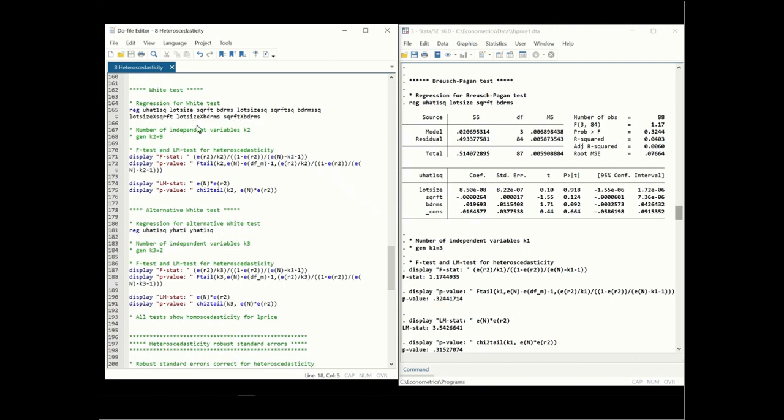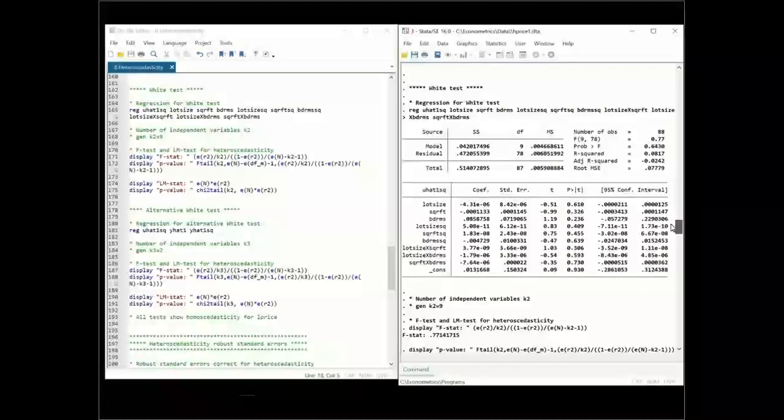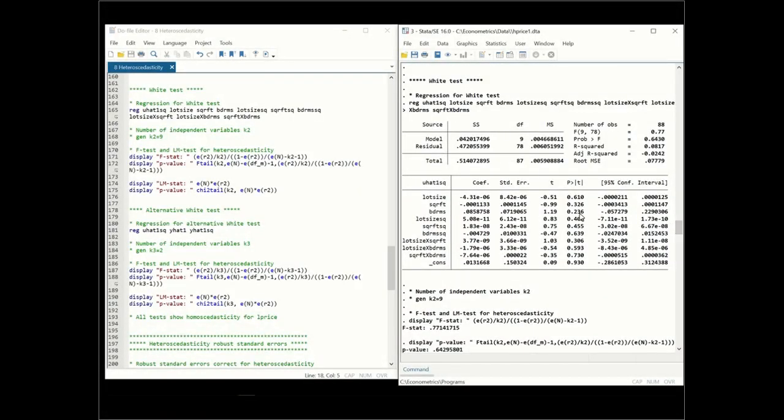The next test that we would be doing is the White test, and the White test has several more terms, including the squared variables and the interaction terms. If we run this, this is the result that we would have. Looking at individual significance, I guess none of them are significant. So we could again test for overall significance. This is the F statistic, and the p-value is greater than 0.05.